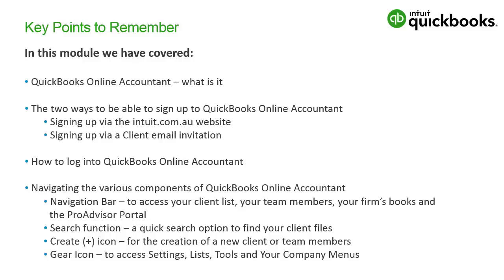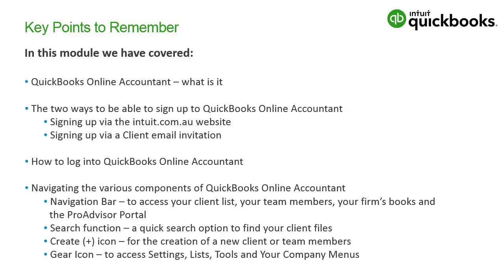There are 2 ways to sign up to QuickBooks Online Accountant: signing up via the intuit.com.au website, or a client who has already got QuickBooks Online accessing and adding you as a QuickBooks Online Accountant user. We know that we can navigate to the intuit.com.au website, select the sign in area and select QuickBooks Online Accountant to sign in to our QuickBooks Online Accountant portal.